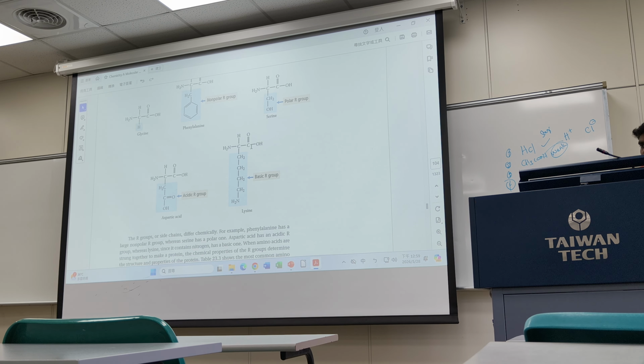So that one, no need. So, one more thing is how a peptide bond can be produced from the amino acids.